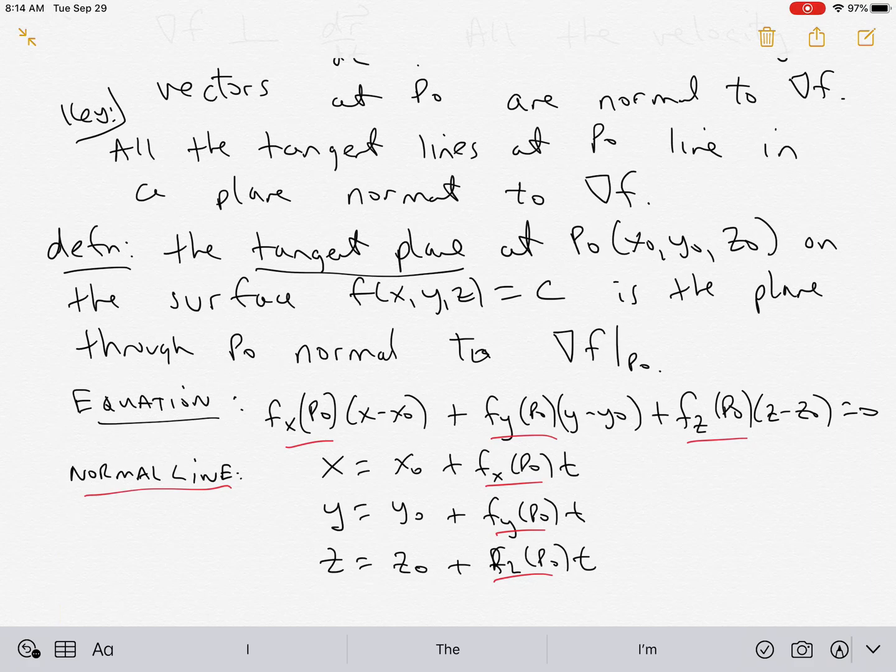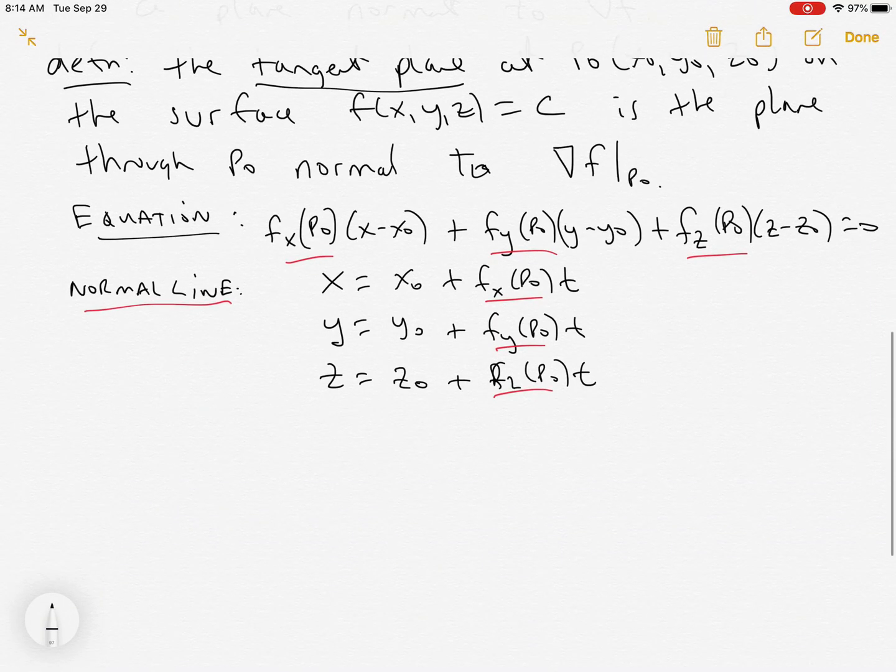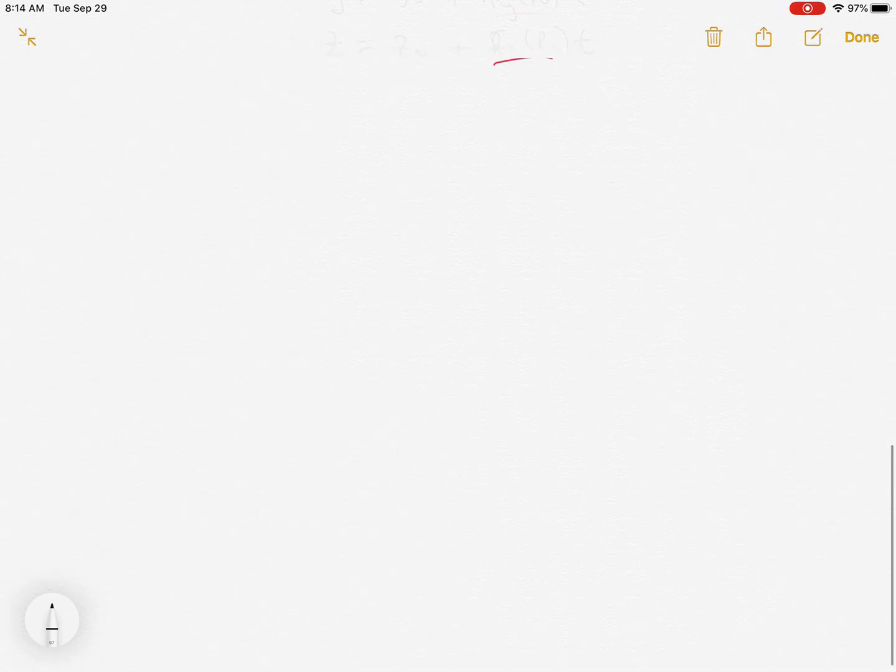So let's do some examples here. Because we've done a bunch of tangent lines, all I'm going to do now is say, all those lines lie on a plane, and we're going to graph that. So here's our level surface.